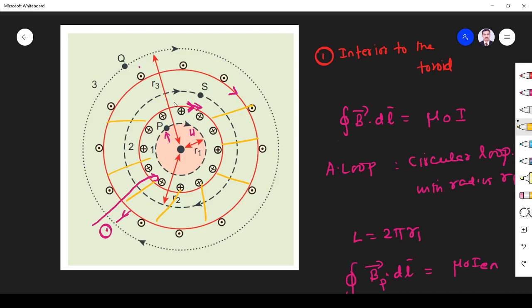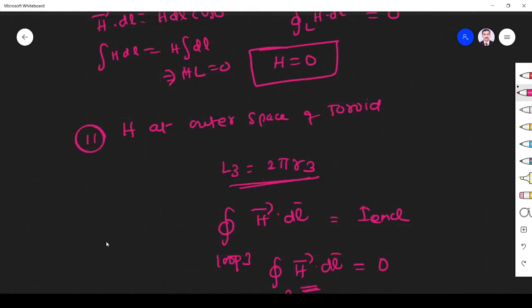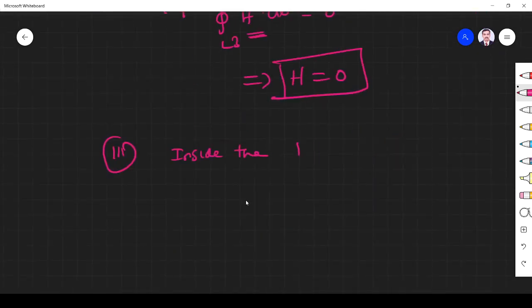So let me find the magnetic field at point S. We take an Amperian loop of radius R2. This is the radius R2. So inside the toroid I choose a loop with radius R2, which means the length is 2 pi R2. L2 is 2 pi R2.